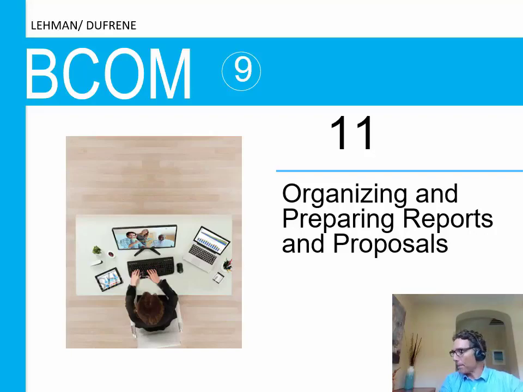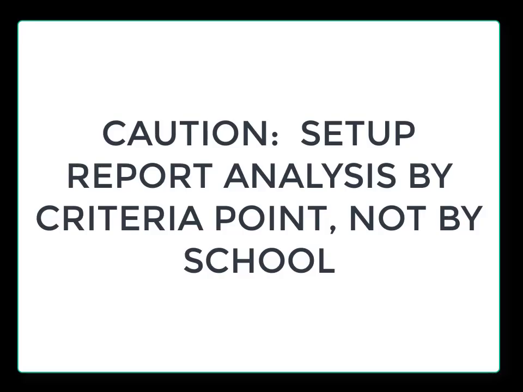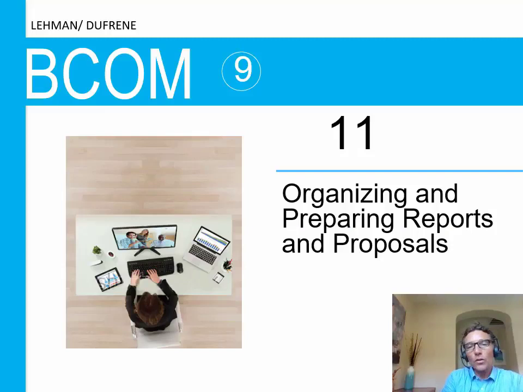Okay. The other thing that is most important to stress about the analytical report is that when you set up this report, the bulk of it is analysis by criteria point. You write the report and do the school comparisons by criteria point, not by school.